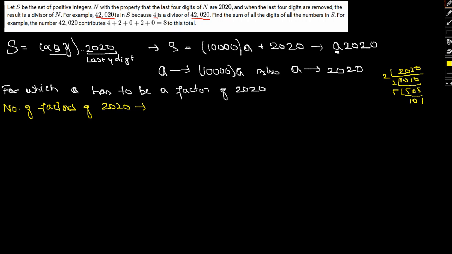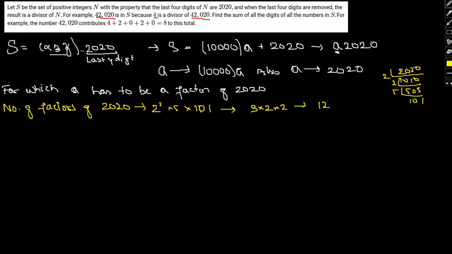So what we have is 2 squared into 5 into 101. The number of factors would be 3 into 2 into 2, which gives us 12 factors.